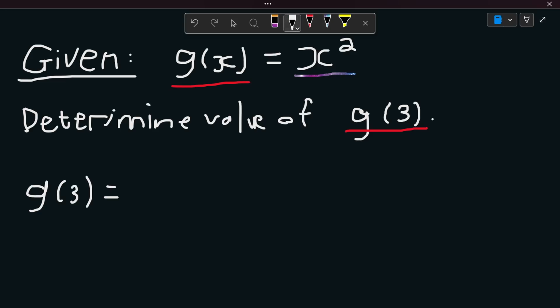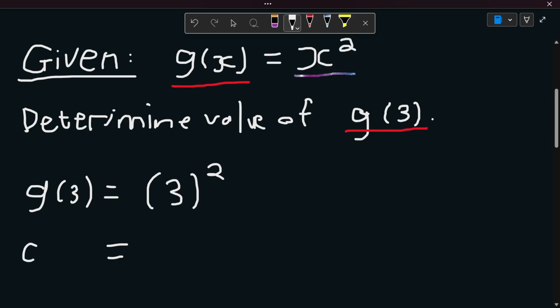So, right here, we have x squared. Now, how do we write this down? Remember what I said? When you substitute or replace x with a number, you write it in brackets. 3 over here, and obviously we are still left with the square. Now, what does this give you? I'm going to write the equal sign here. This is how you should write it when you are answering questions.